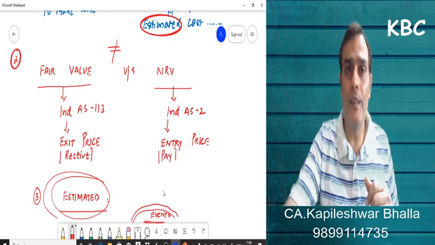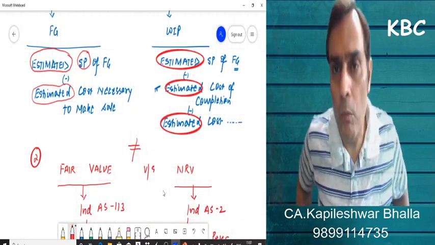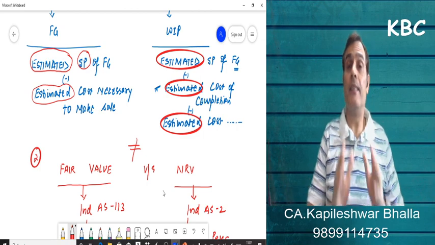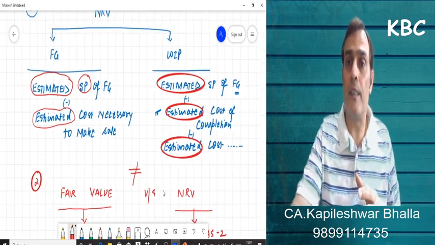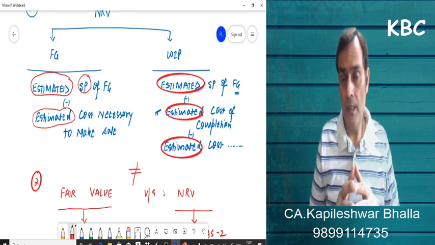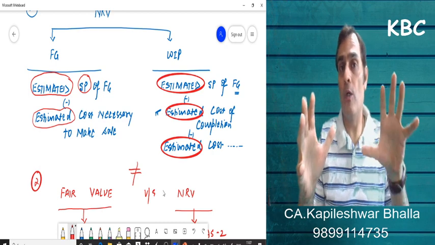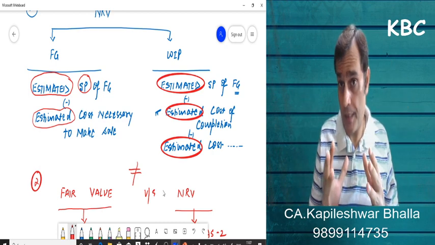So a little recap of what we've discussed so far. We have discussed a total of three aspects. Aspect number one, that the NRV is to be seen with reference to WIP and FG separately. So we have segregated the definition of what is for FG and what is for WIP. That's one.